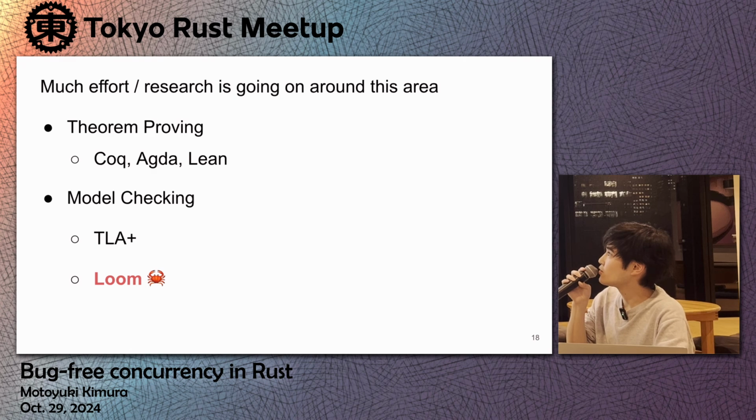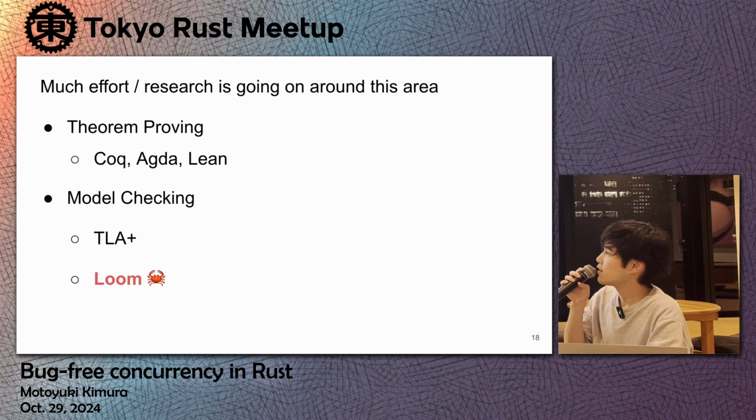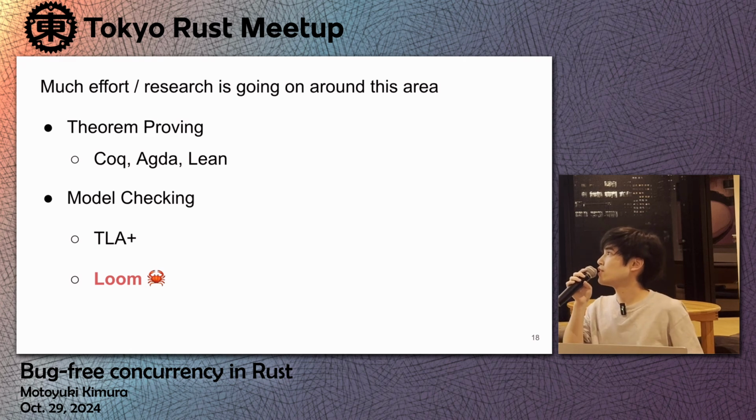One is called theorem proving, which is a way to test a program similar to how math proves mathematical propositions. So tools like Coq or Agda or Lean could be considered theorem proving.